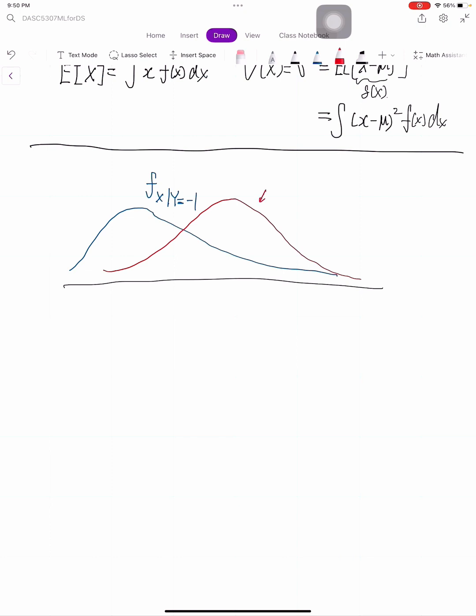Suppose we have two classes: among the no cancer patients we have one distribution, and among the cancer patients we have another distribution.